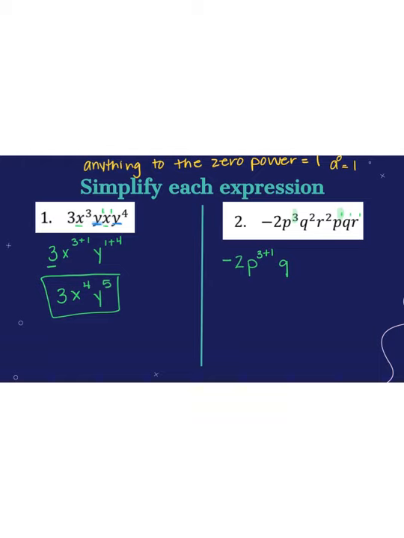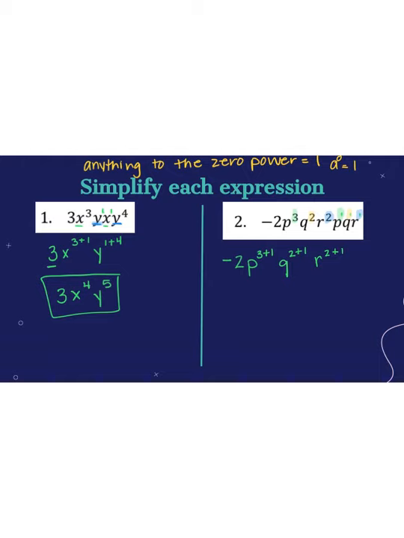I have q to the second, and I have q to the first. So I'm going to write q to the second plus the first. Now I'm going to go with my r's. I have r to the second and r to the first. So r to the second plus the first.